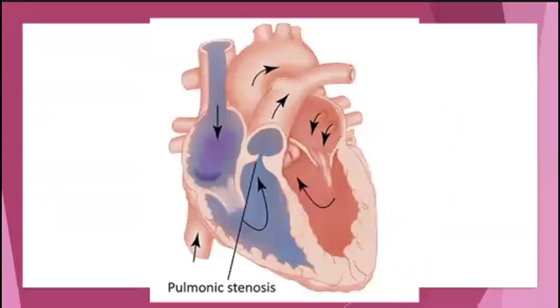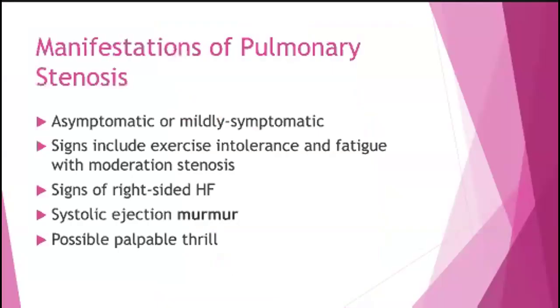And this is just showing you the route that it takes, and in this area would be your pulmonary stenosis, so that right side of the heart would have to pump harder to get blood through. Your manifestations: if it's a mild case, it might be completely asymptomatic and we might just hear a little murmur.